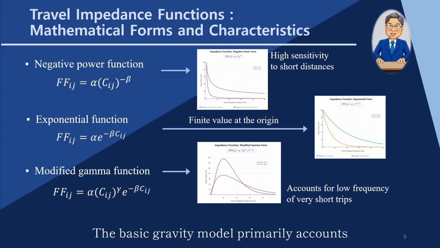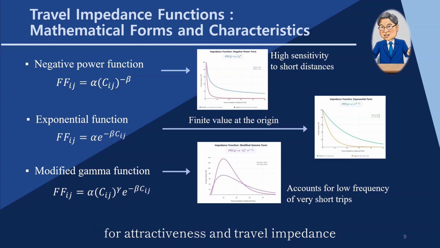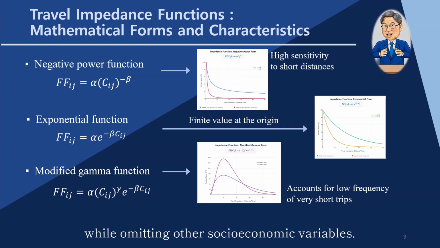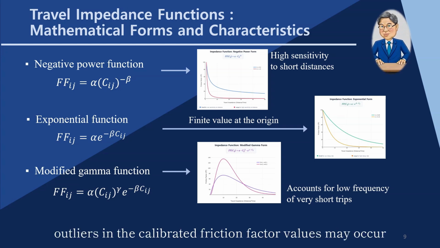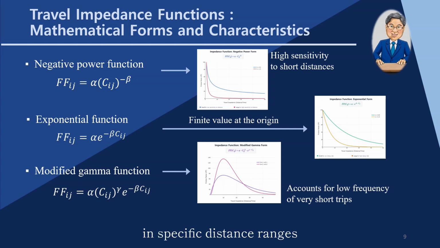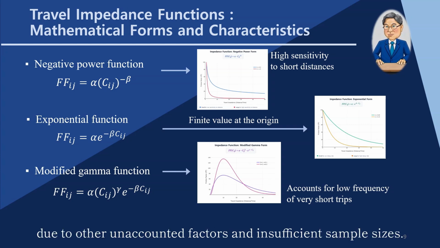The basic gravity model primarily accounts for attractiveness and travel impedance while omitting other socioeconomic variables. Therefore, when using actual data, outliers in the calibrated friction factor values may occur in specific distance ranges due to other unaccounted factors and insufficient sample sizes.